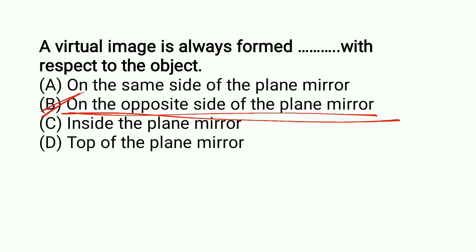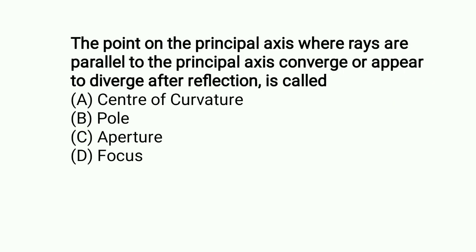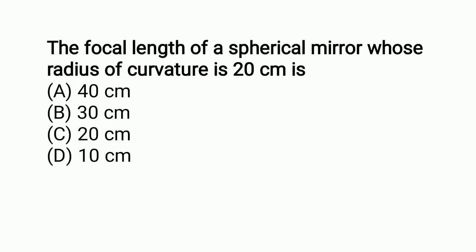So option B is the correct answer. Next question. The point on the principal axis where rays parallel to the principal axis converge or appear to diverge after reflection is called the focus. So option D is the correct answer.